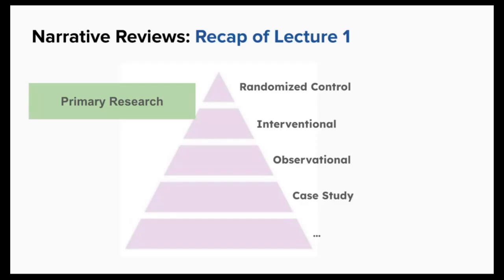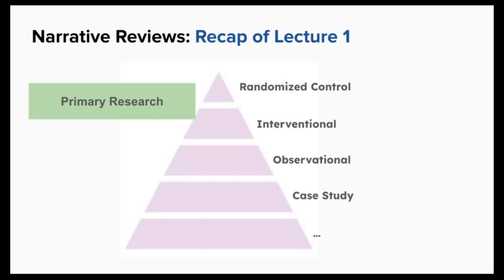And then as we go down the pyramid, in the same way that we did for the secondary research pyramid, those rules and that recipe about how to do that particular experiment type loosen up a little bit. When you do an RCT, randomized control trial, you don't have a ton of room to maneuver when it comes to the methods.